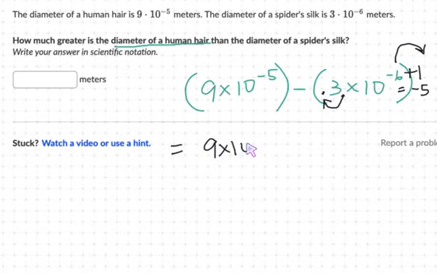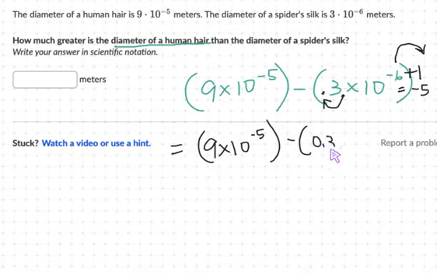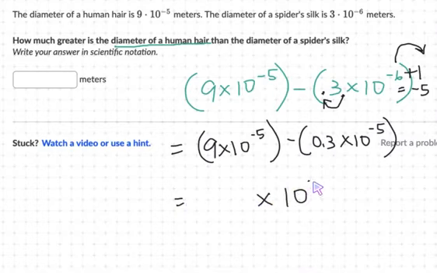So this becomes 9 times 10 to the negative 5th power minus 0.3 times 10, now also to the negative 5th power. We wanted them to match up with power so that we can just copy it back down. Those zeros match up. And we're going to subtract 9 minus 0.3, so we should get 8.7.